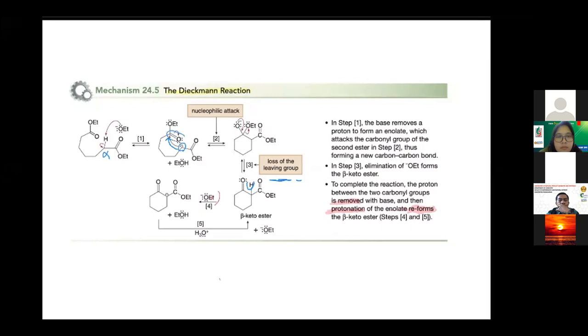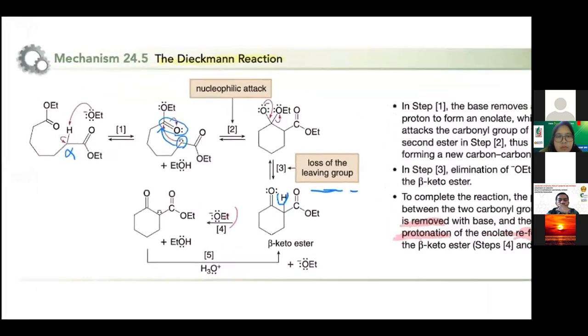This carbonyl is the electrophile, because the negative charge moves to the positive charge. The nucleophile attacks and the 6-membered ring is formed. The electrons come back here and make the carbonyl group, and the alkoxide of the ester is the leaving group, lost here, and the diketone ester is formed.